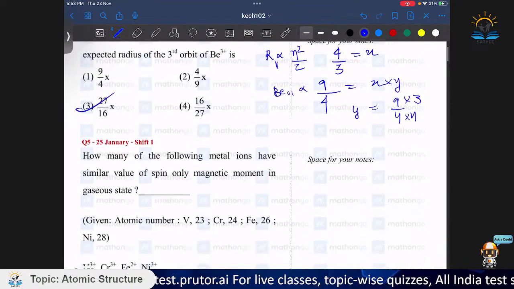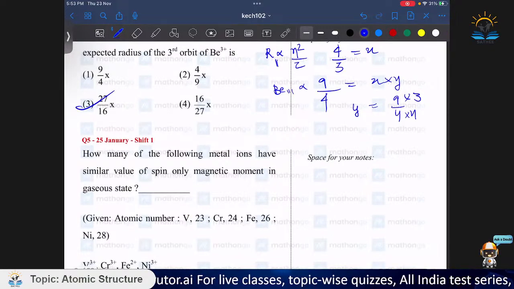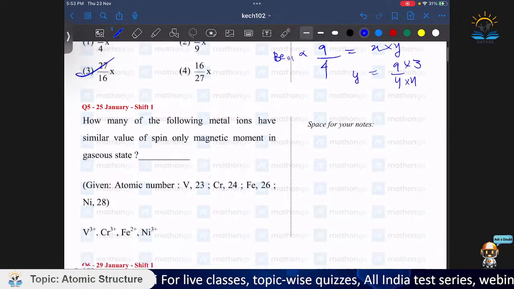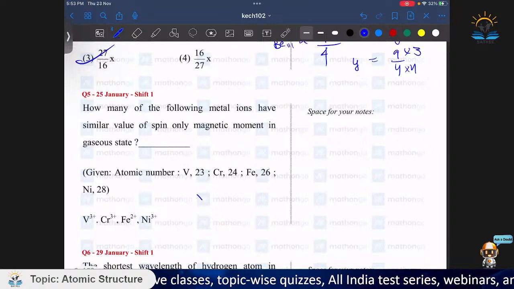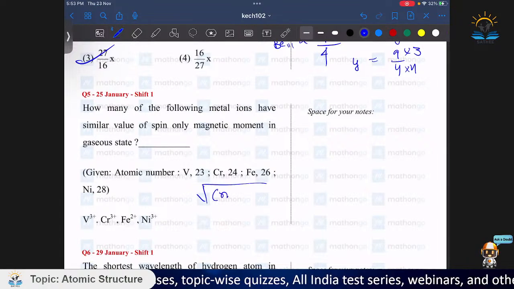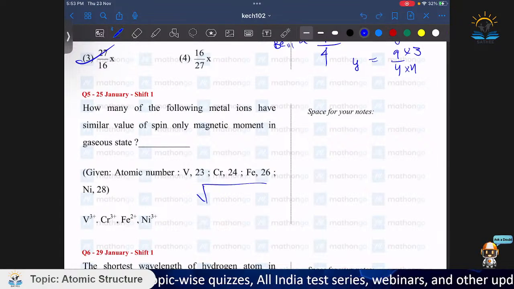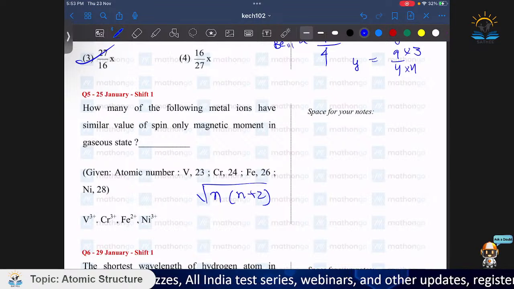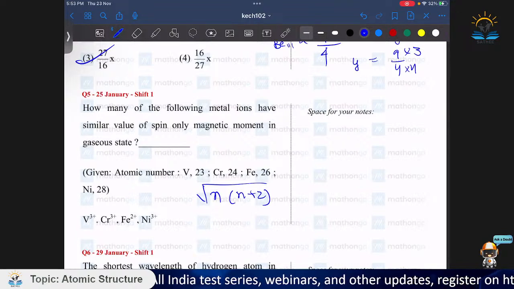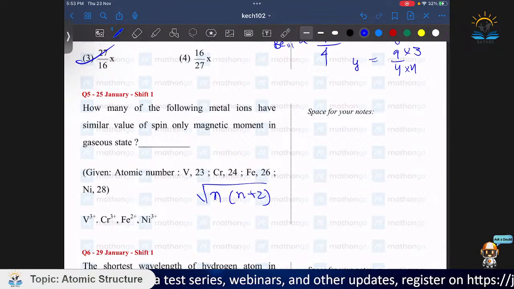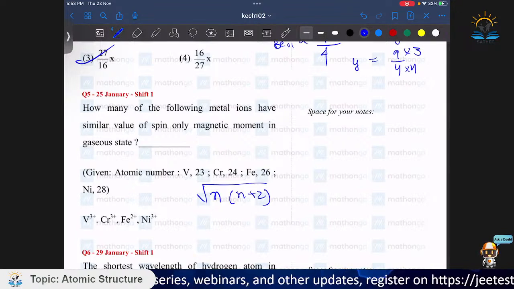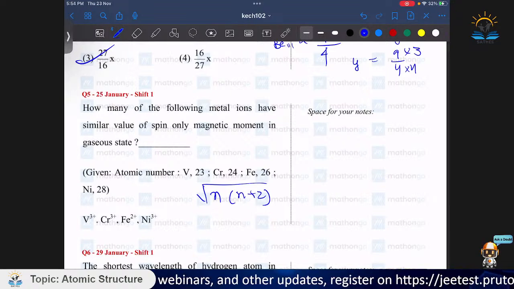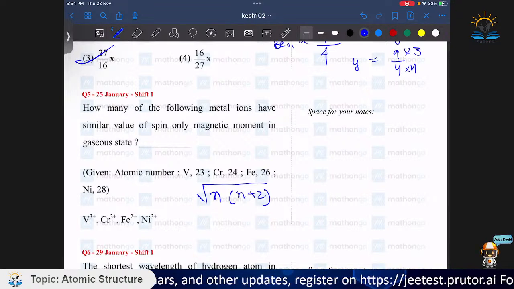Next, how many of the following metal ions have similar value of spin only magnetic moment? Spin only magnetic moment is the square root of n into n plus 2. That is all of this you will learn throughout your chemistry, so you don't need to worry about that. We just need to remember the formula for now. Okay, so let's see.